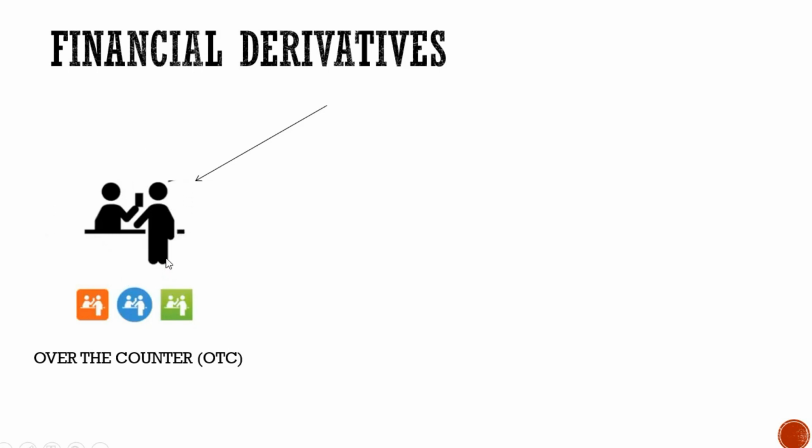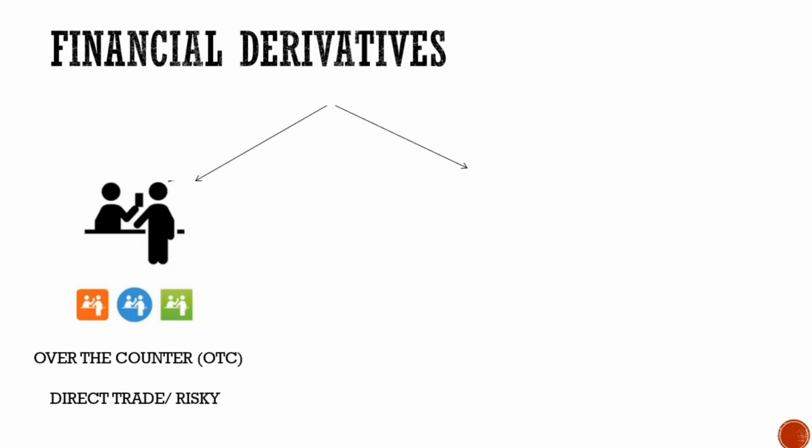Now this is a bit riskier because it depends on person to person. So over the counter trade of derivative is a bit more riskier. It can also be known as a direct trade because here the buyer and the seller trade face to face. That is the first type of trade which takes place under financial derivatives.